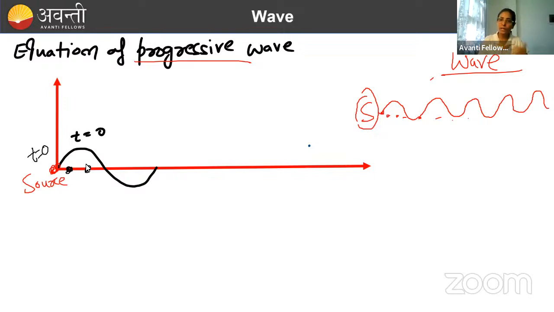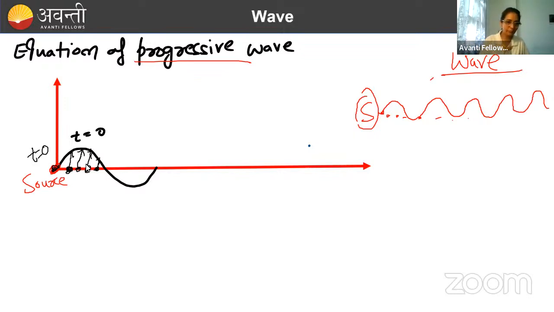Now, how are we getting that snapshot visible? It is because of the particles of the media. There are some particles here, some particles here, and some particle here. This particle got up by this distance, this particle by this, this by this. So definitely this snapshot is getting created by the particles of the media.